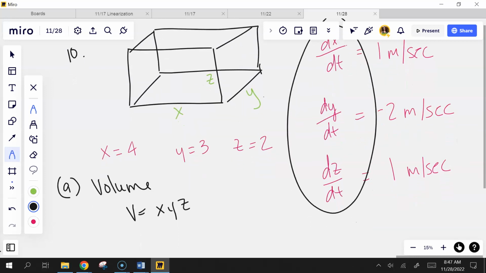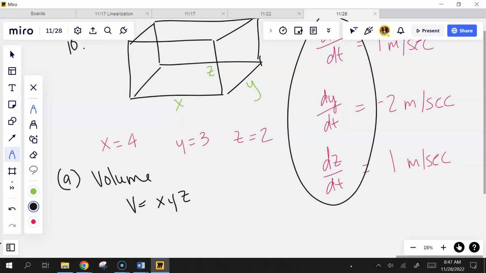If it says the rate at which the box's volume is changing, that means I need what? dv dt. The volume's changing as a function of time. I need dv dt. What do I have?